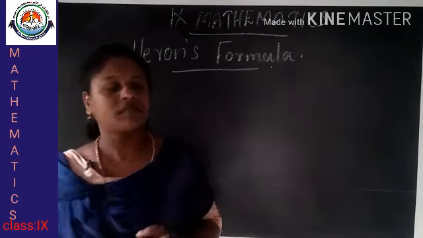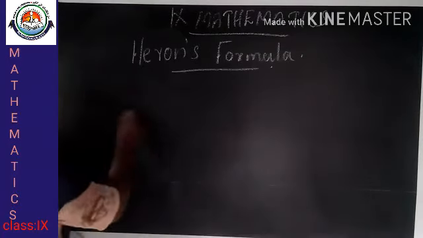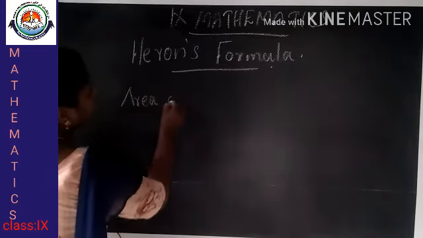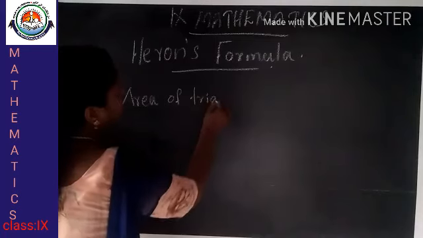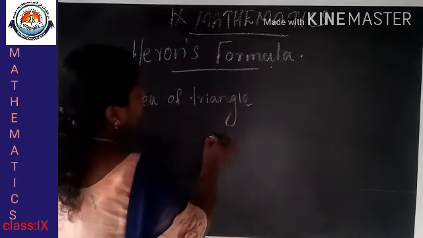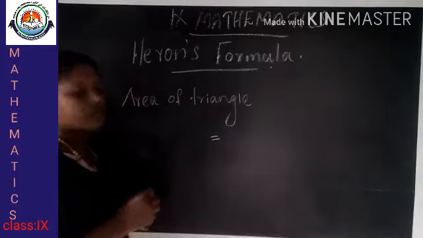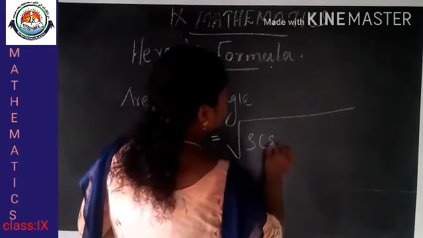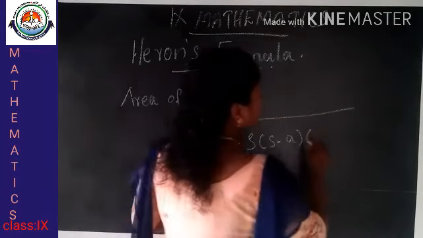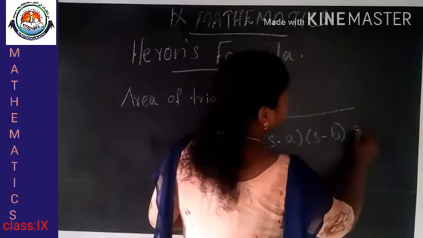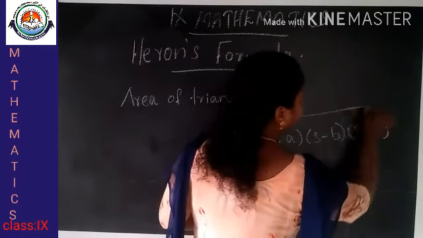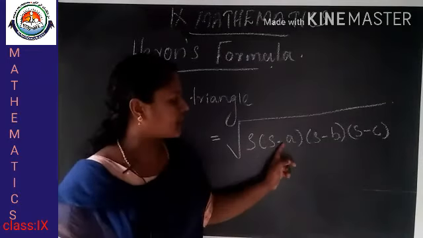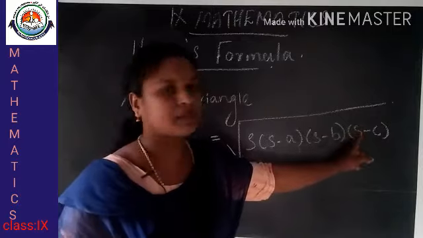And the formula is, area of triangle is equal to root of s into s minus a into s minus b into s minus c.